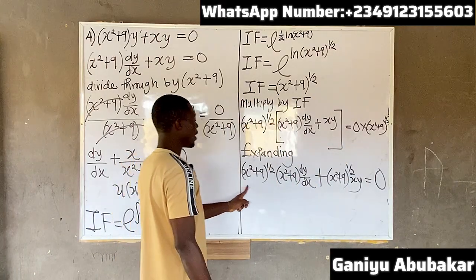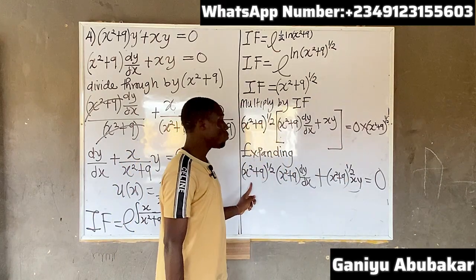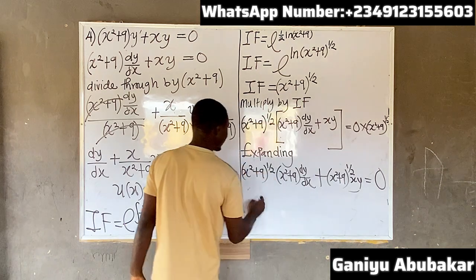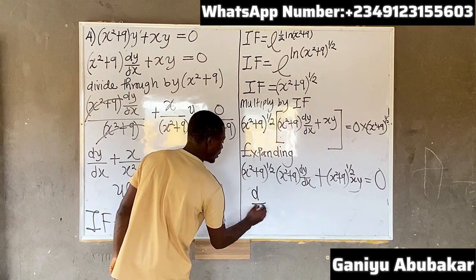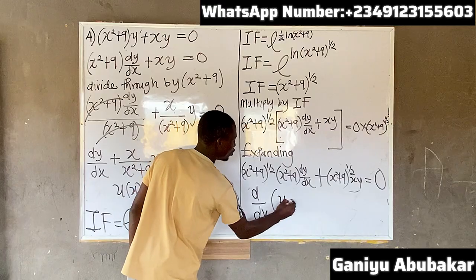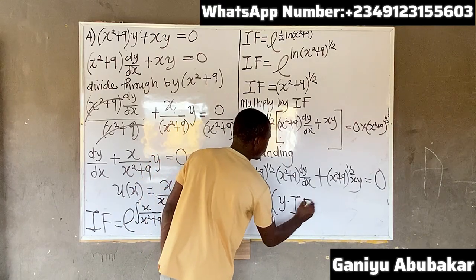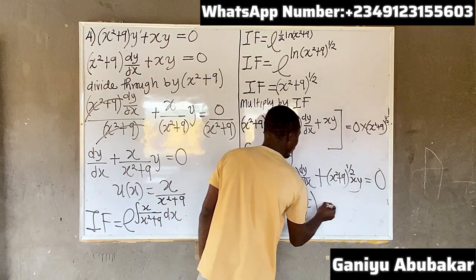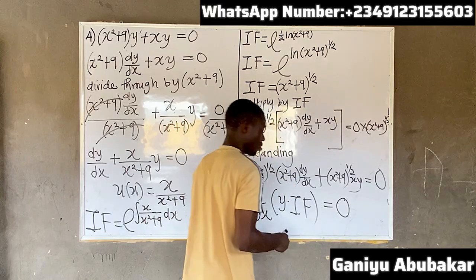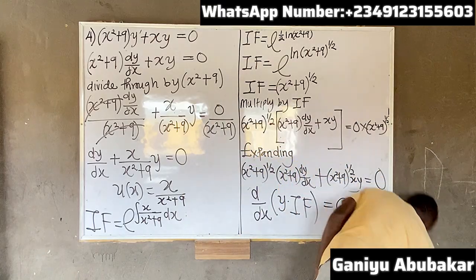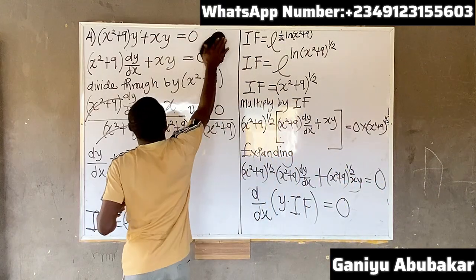We said this is complex. The simple idea to break this down is to just attach what? d/dx into y dot what? The integrating factor. That we said equals what? This, 0. Take this off.